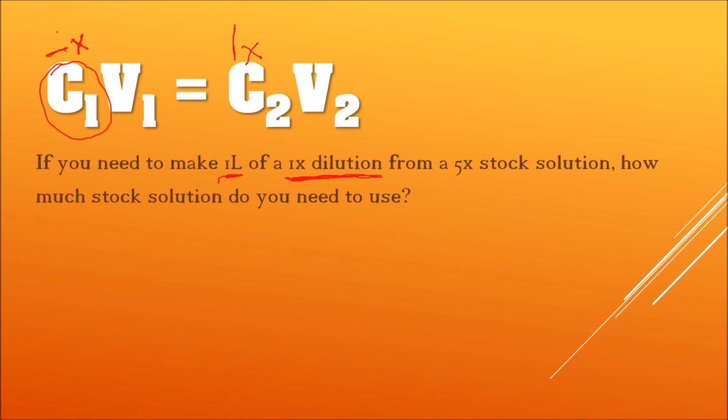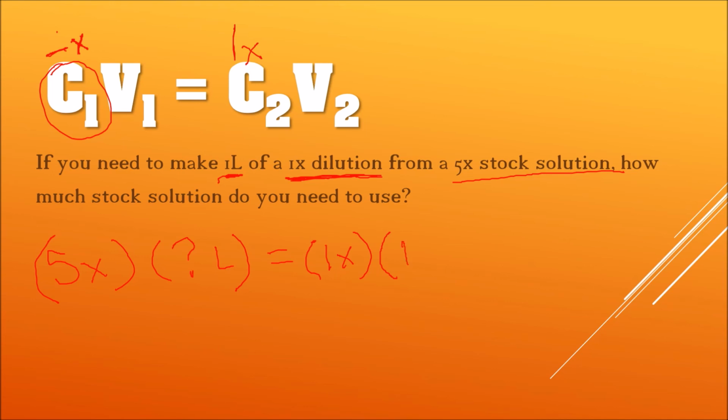So if you need to make 1 liter of a 1X dilution from a 5X stock solution, how much stock solution do you need to use? Well, what do we have? We have a 5X stock solution. That's C1, the concentration of the stock solution, 5X times we don't know how many liters, equals, we need a 1X dilution, and how much of this 1X dilution do we need?